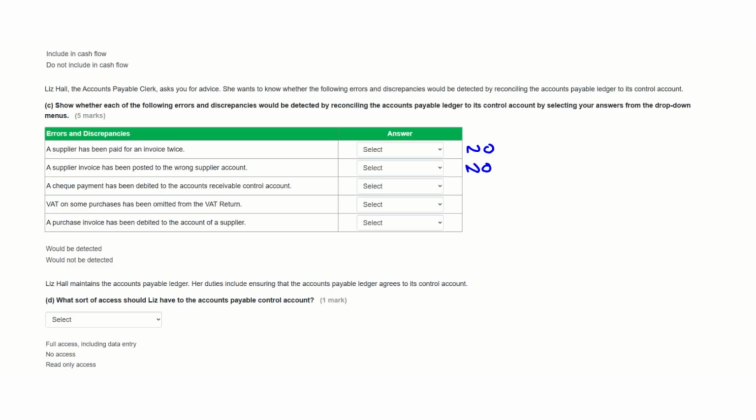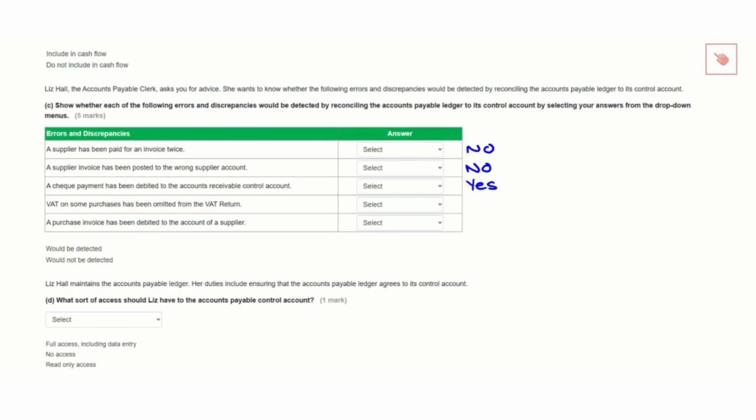However, a cheque payment has been debited to the Accounts Receivables Control Account. This would be detected. The Accounts Payable control account tracks payments made to suppliers.